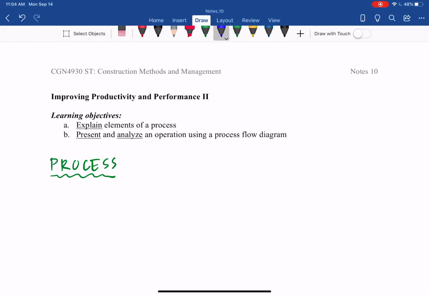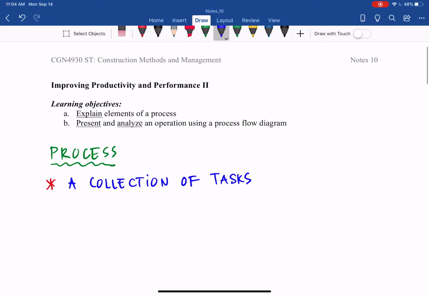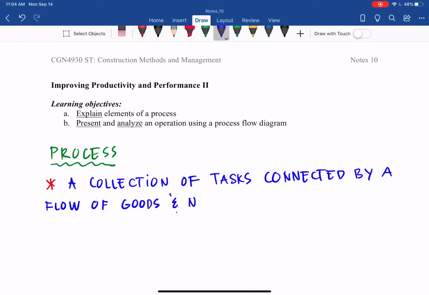Based on the reading, a process is a collection of tasks connected by a flow of goods and information.